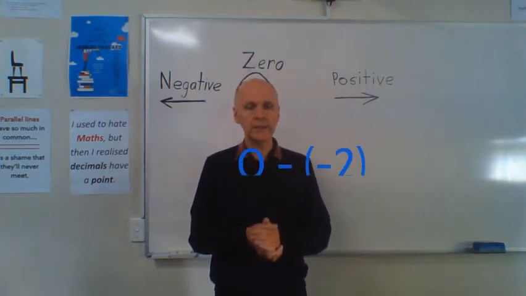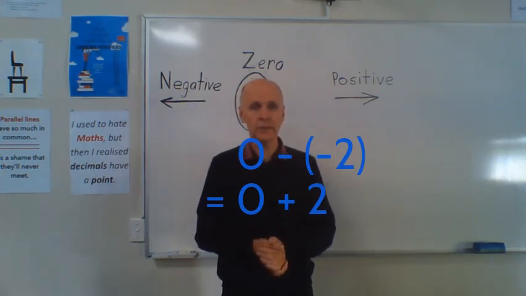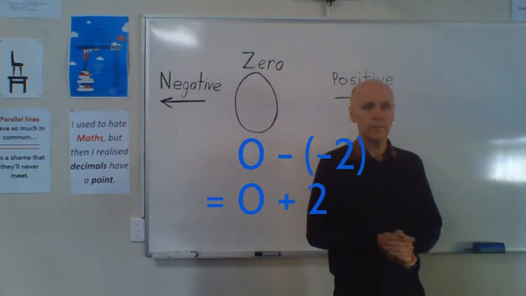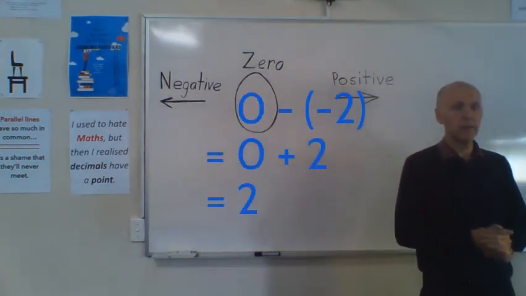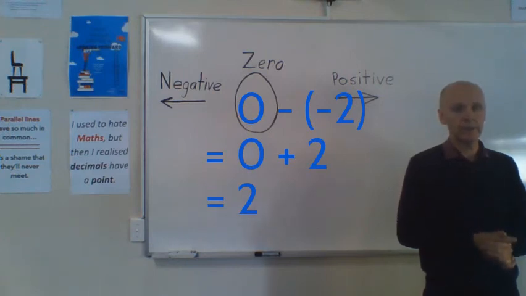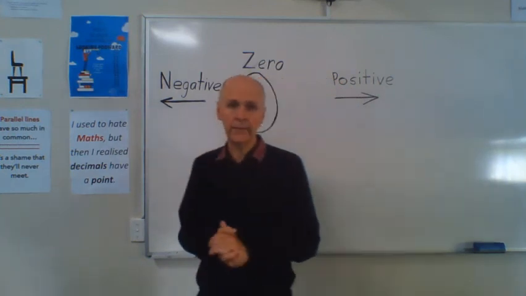So 0 take away negative 2 is the same as 0 plus 2, and I end up with 2. Okay?